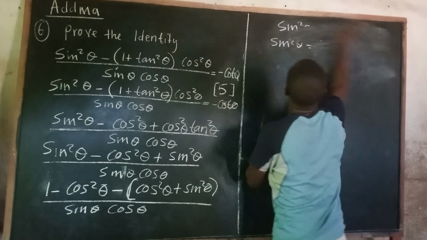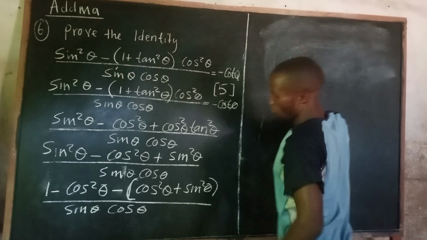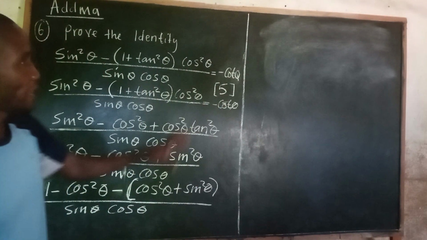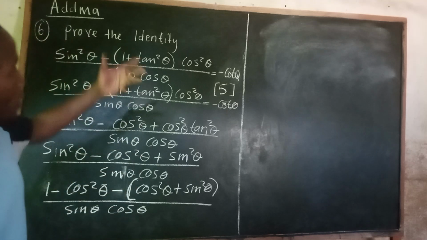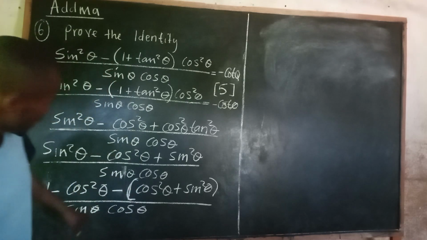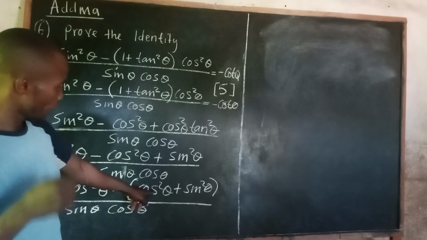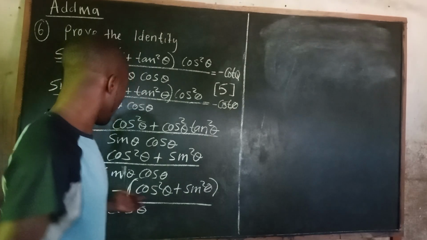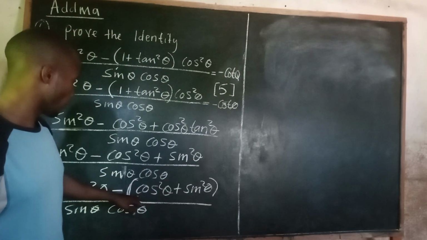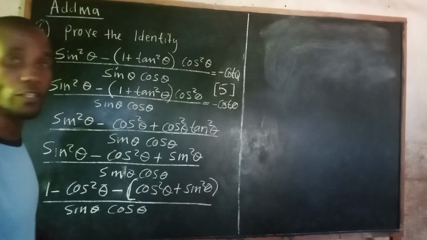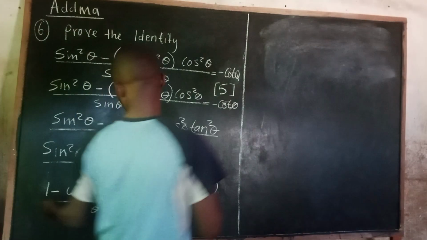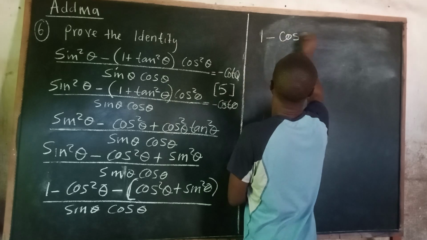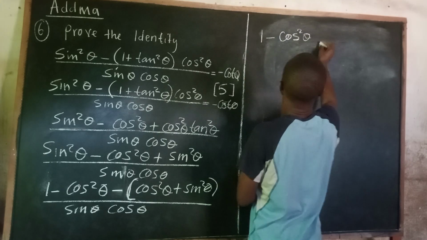Then now from there, what we are going to do is we are going to use the same Pythagorean identity, because the Pythagorean identity states that cos theta squared plus sine theta squared is equals to 1. So this is same as 1. So where there is this, we are going to put what? 1. Okay, so let us first bring down 1 minus cos theta squared.